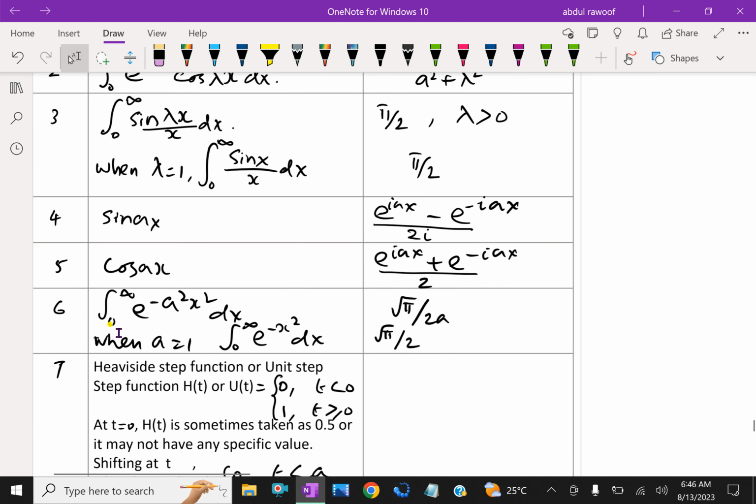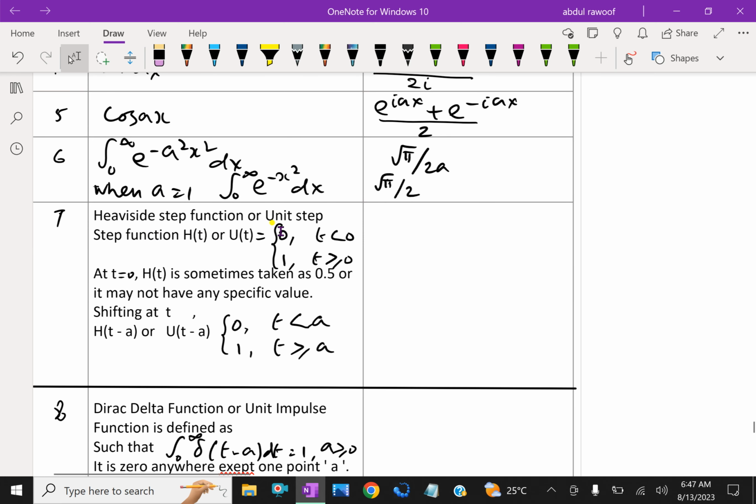Sixth: integral 0 to infinity e power minus a square x square dx equals root of pi over 2a. When a equals 1, you substitute a equal to 1 here, that is integral 0 to infinity e power minus x square dx equals root of pi by 2.